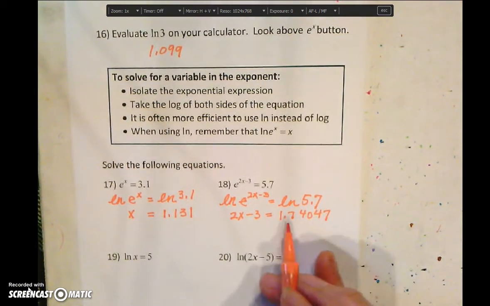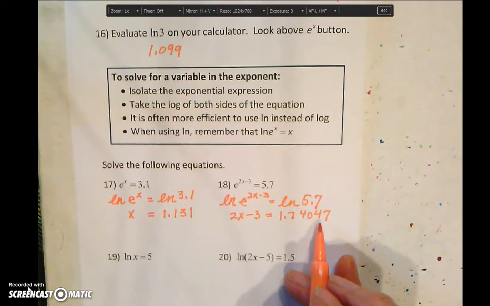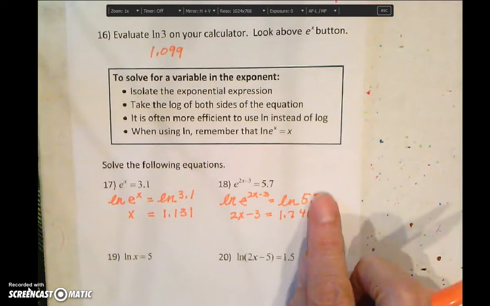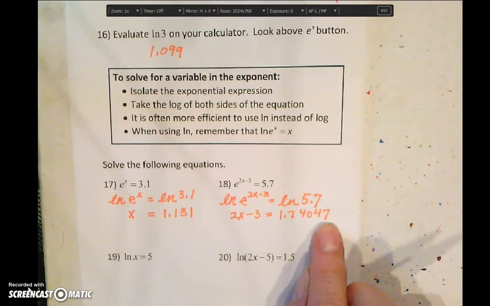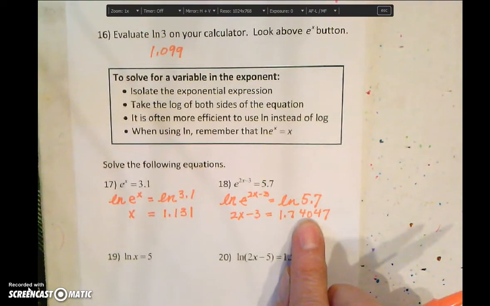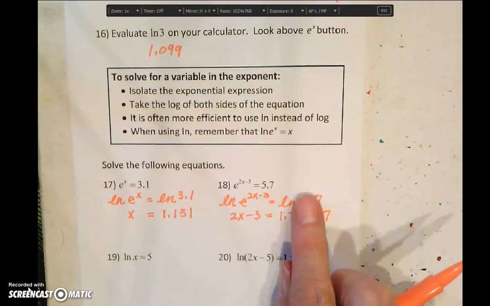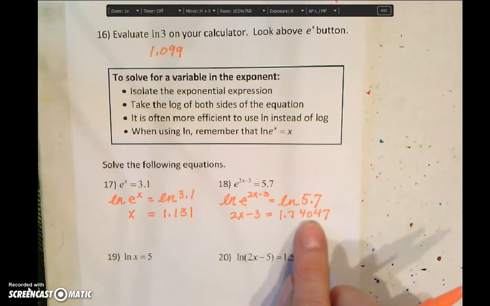Now realize I put more decimals in there. You don't want to round off at the beginning because you're going to eventually come up with an answer that's further away than what you wanted. So you want to keep all the decimals in there. So if you just want to do this in your calculator, you don't really have to write it down. But the ln of 5.7 is this.